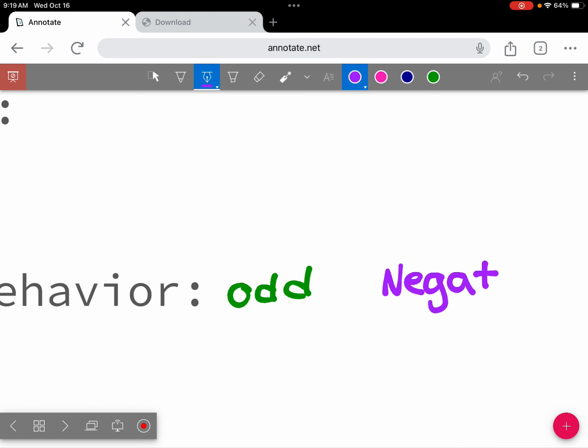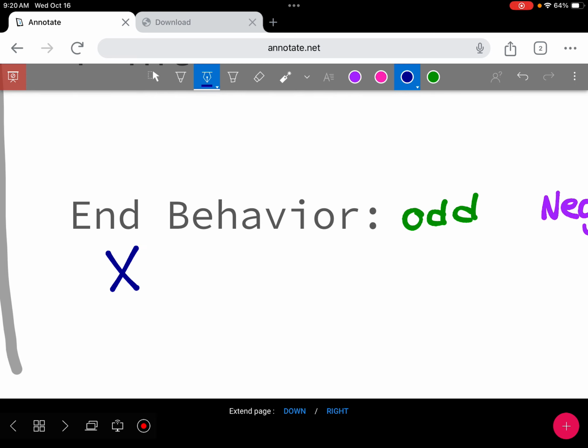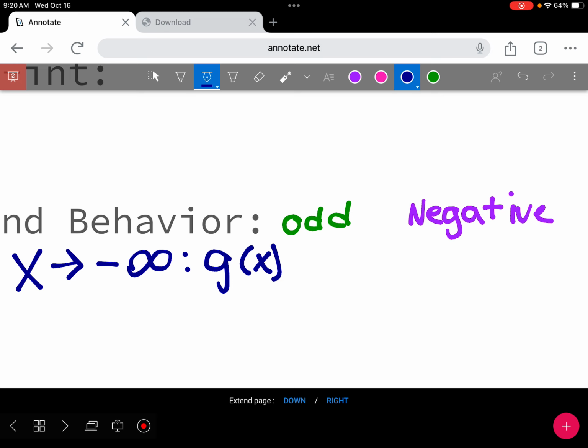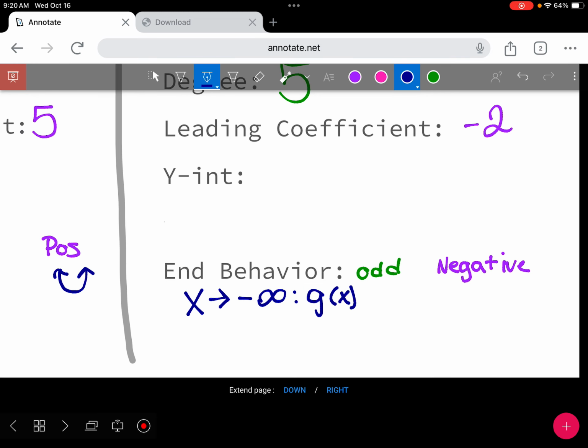So odd and negative. We can do our end behavior then. So as x approaches negative infinity, what's going to happen to my g of x? Be careful. Think about our odds and negative. Think about a line with a negative slope. So our g of x is going to approach positive infinity.